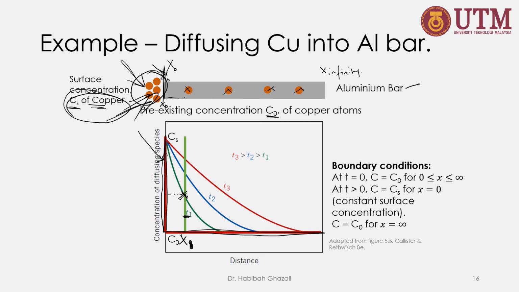So you have that many copper atoms in the bar at that position. At time 2, you will have a little bit more, and at time 3, a little bit more. This is the non-steady state diffusion. The concentration of atoms that you diffuse inside the material will change over time. So that is the example of non-steady state diffusion, and your experimental data will look like this.